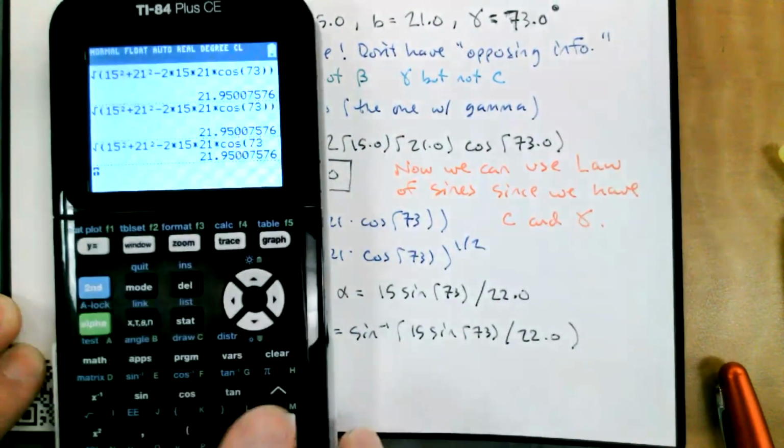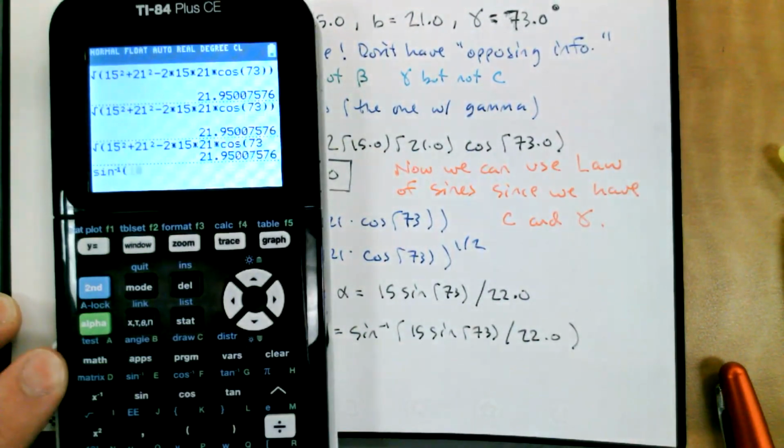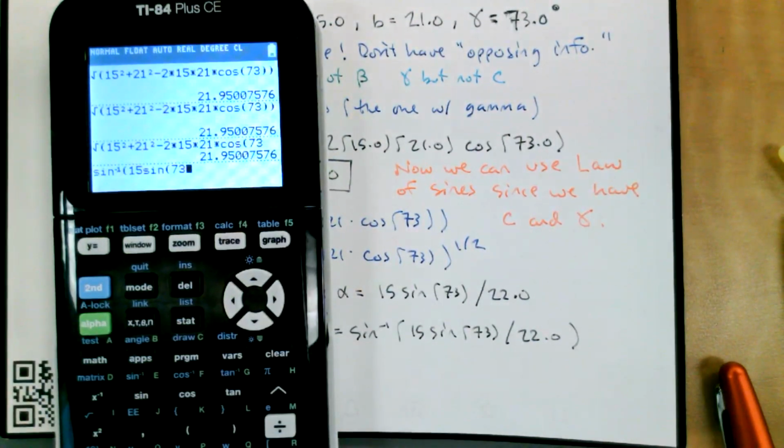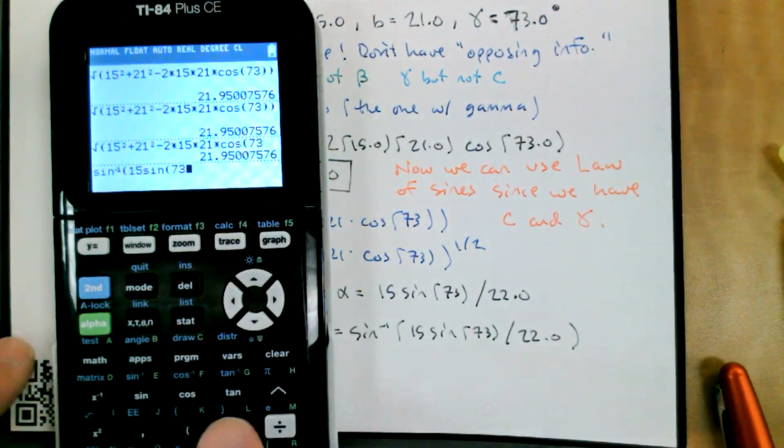So I'm going to second sine inverse 15 times the sine of 73. Now it's really important that we close the sine parentheses because we're taking the sine of 73 degrees, not anything else. So I close that off from our division operation.